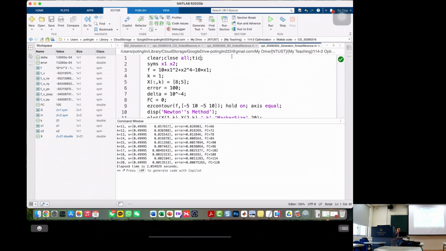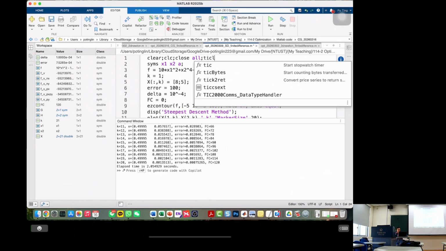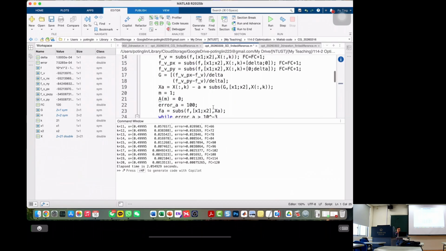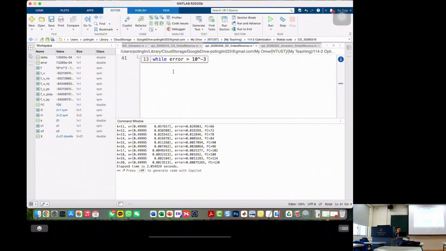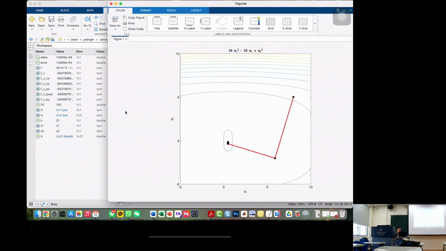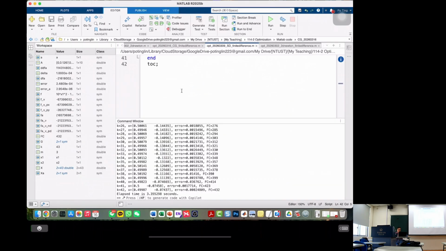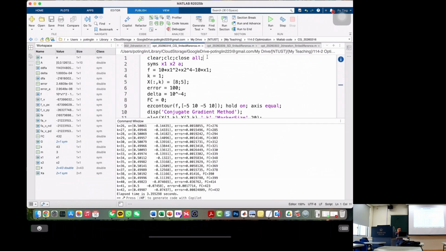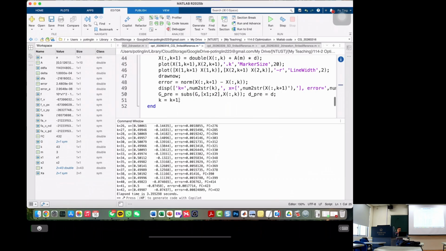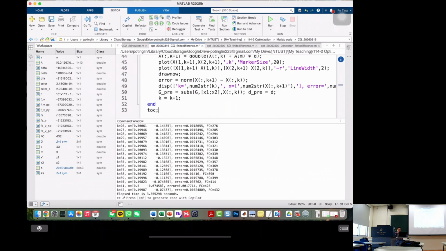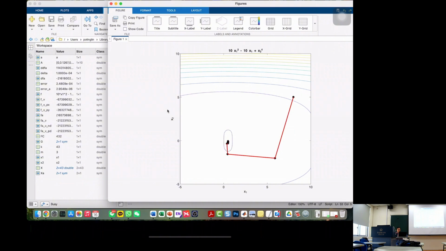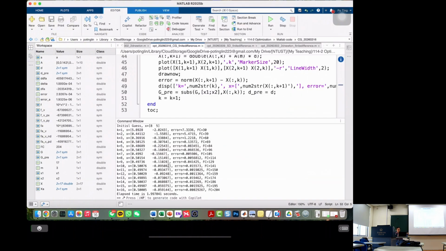Okay. And let's see steepest descent. Steepest descent 3.3 seconds. Conjugate gradient 1.9 seconds.